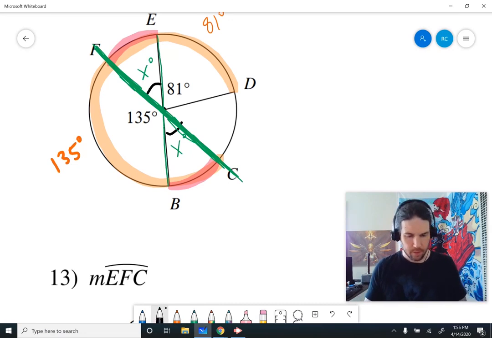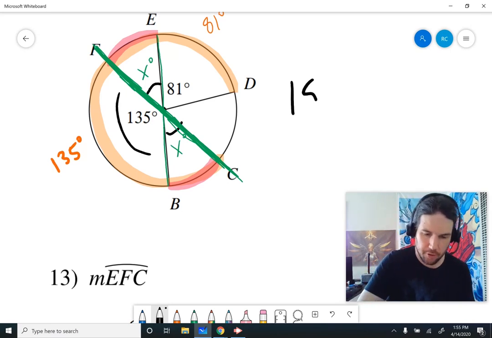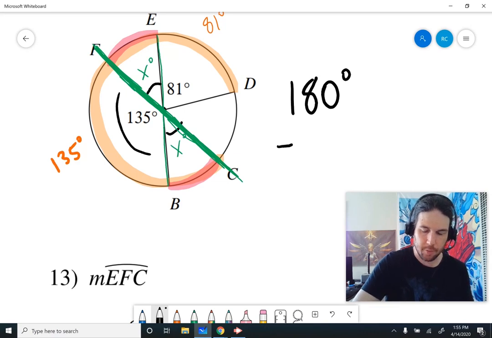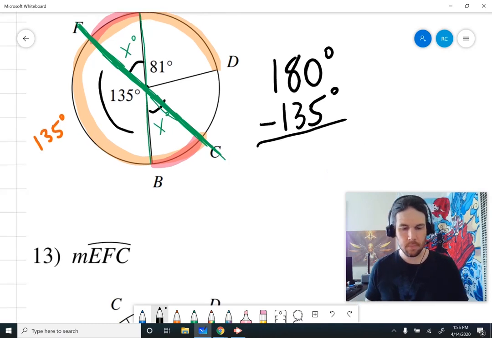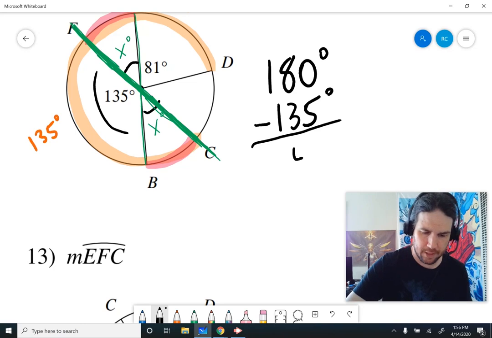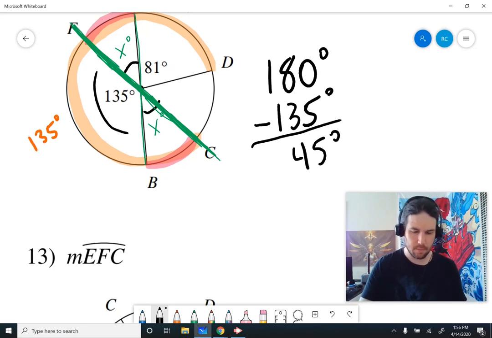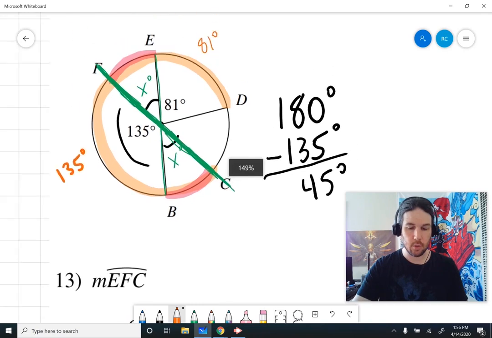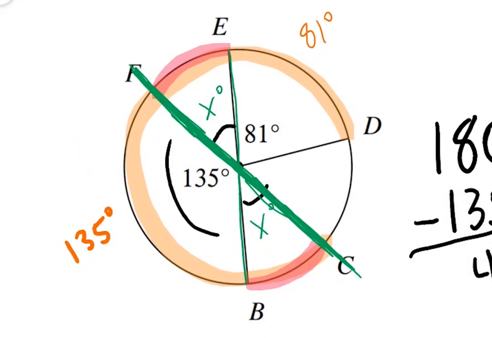Well, if this part is 135 degrees, then we can take 180 degrees and subtract 135 degrees, and that'll give us, let's see, 80 minus 35, 80 minus 30 is 50, so 45 degrees. So we now know that both arc BC and arc FE are 45 degrees.